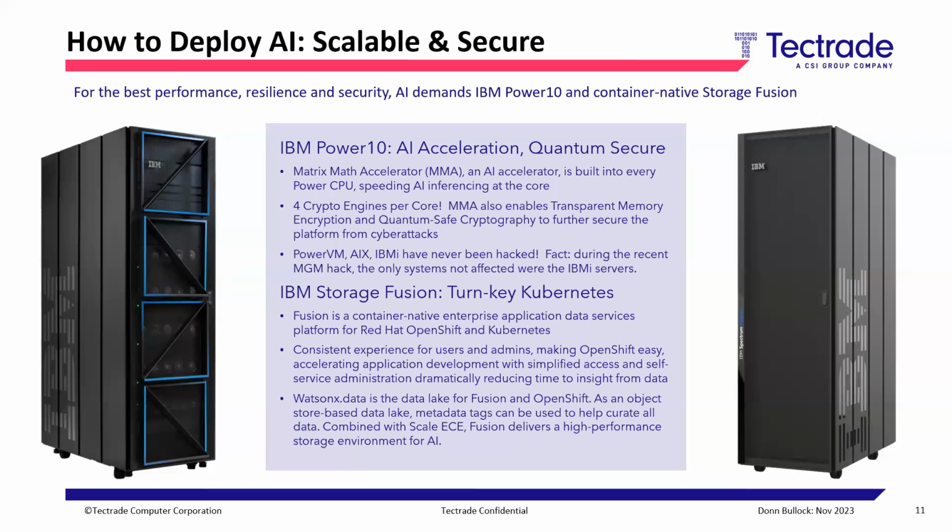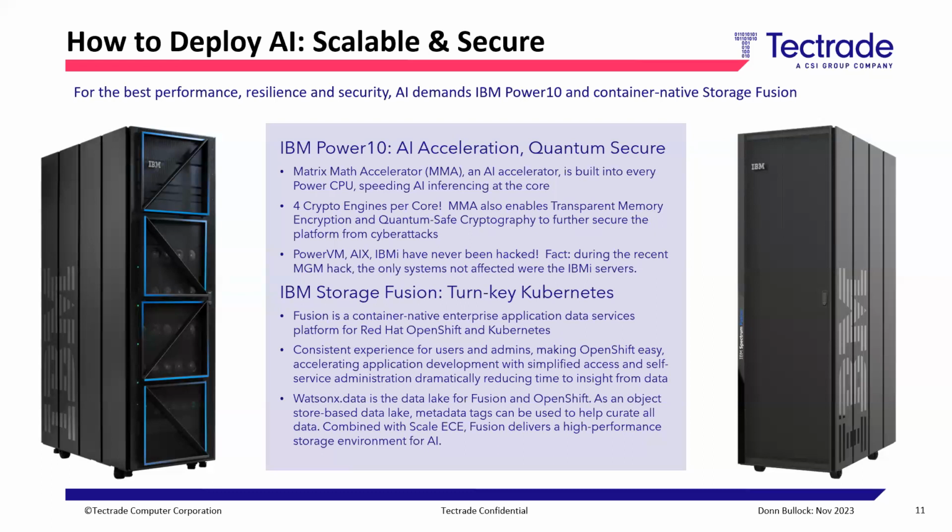This is accomplished through, number one, the matrix math accelerator. This component of the processor gives us the ability to speed inferencing, and we're going to talk about inferencing in a few minutes, to accelerate AI calculations inside of a given environment.